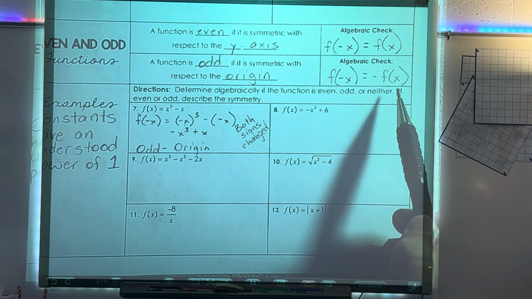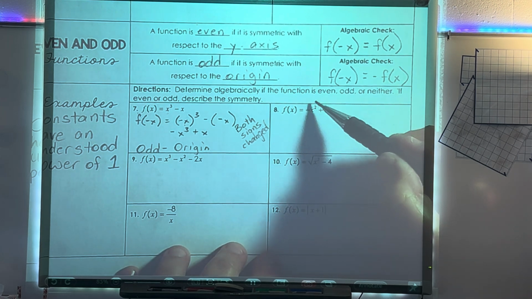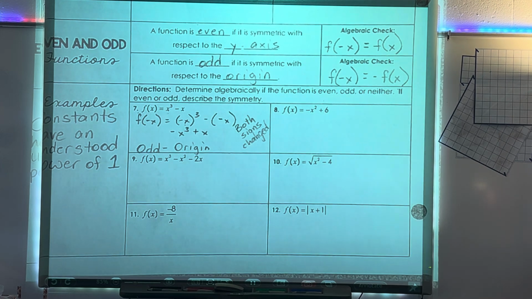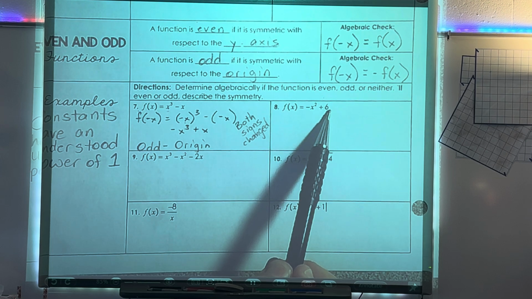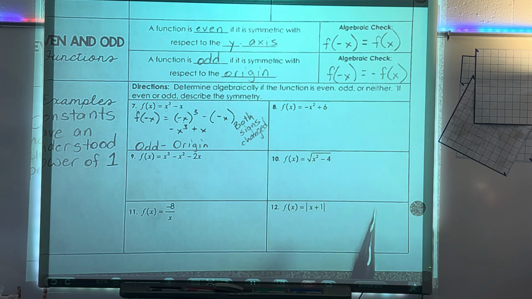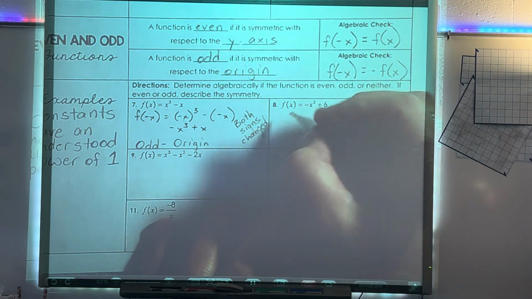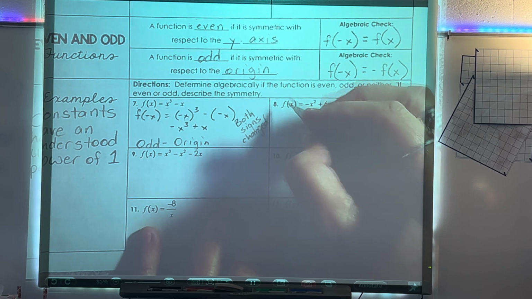Everybody okay there? This one, I have an even power here, right? So initially I would think, okay, it's an even function. However, this one right here has a power of what? 1, which is not even. Are we in agreement there? Sometimes you just have to check and see.